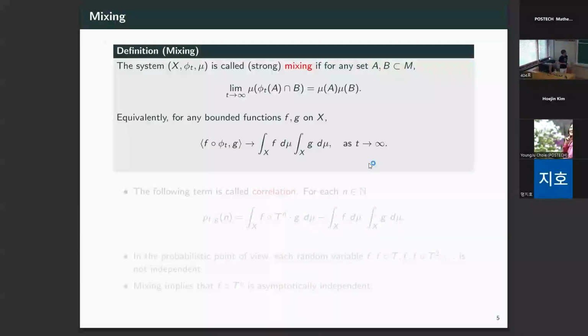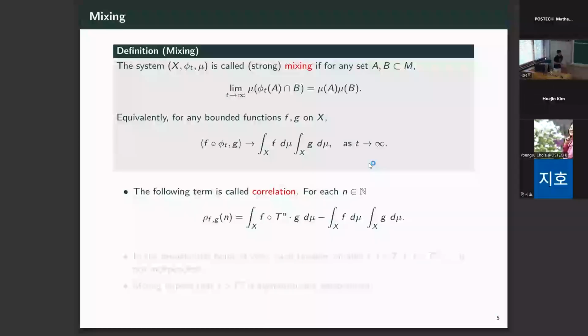In the equivalent way, for the mixing part, here the bracket is for the L2 inner product, and this function is called the correlation. The correlation converges to the product of the integrals.